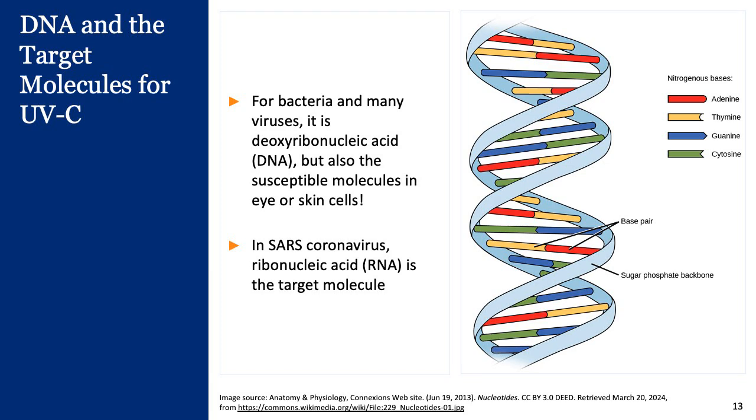So what are the biological target molecules if we're talking about air disinfection or surface disinfection? Whether bacteria or viruses, there's a little difference because there are bacteria and viruses that have DNA, and then there are other viruses like the coronavirus in the past pandemic, which are just single-strand RNA.